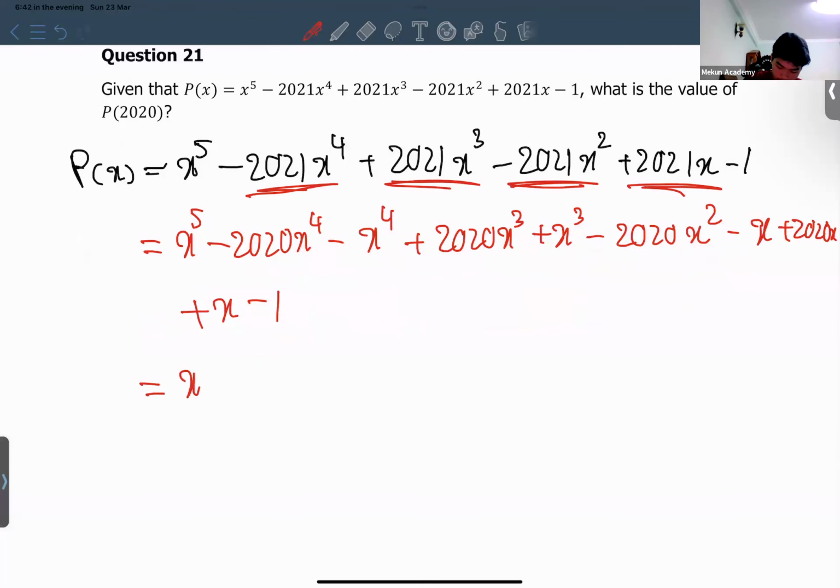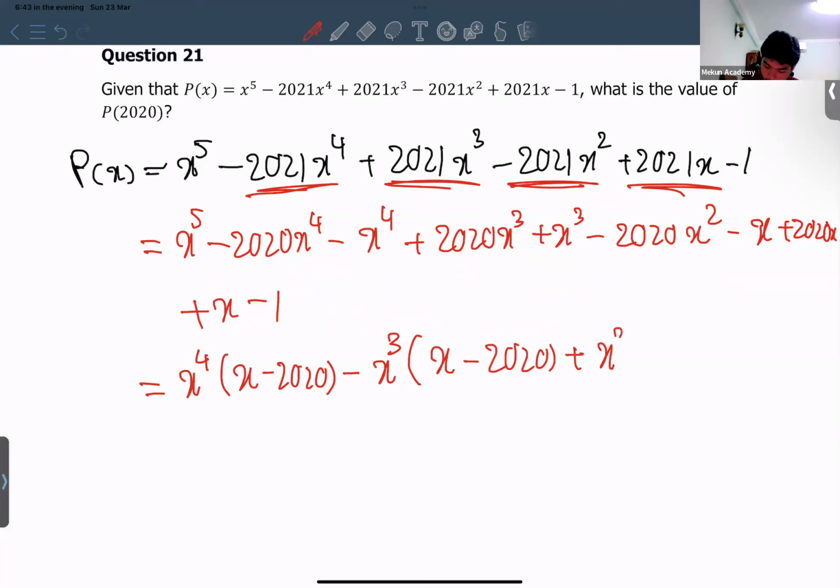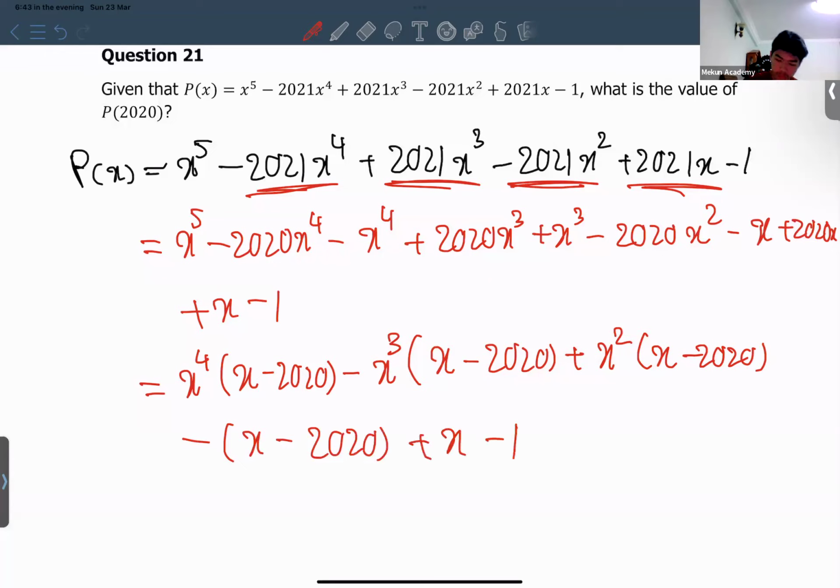First you'll get x to the power of 4 factor of x minus 2020, minus x to the power of 3 factor of x minus 2020, plus x squared factor of x minus 2020, minus x minus 2020, plus x minus 1.